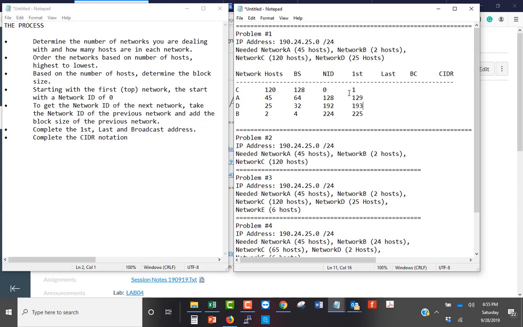Now, we'll jump out to broadcast, and we're going to do 1 less than the network ID of the next level. So we're looking at this 128 here, and we're going to do 1 less than 128, which is 127. Then 1 less than 192, which will give us 191.